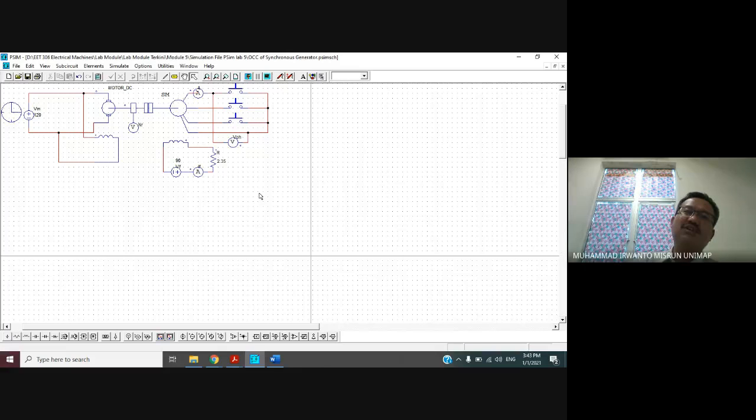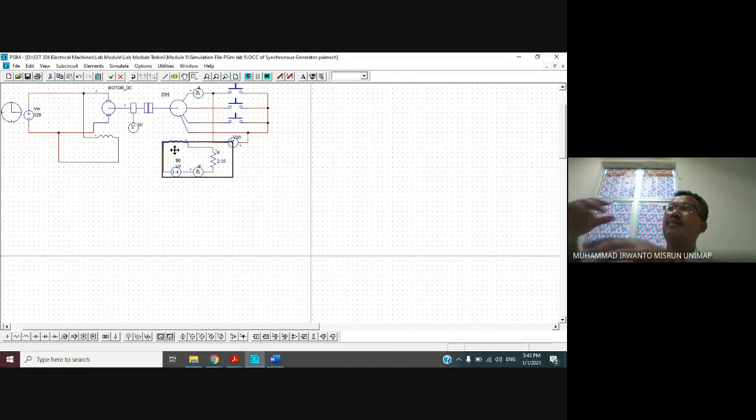Now, in your simulation using PSIM, the rotor winding is the exciting winding, given by this one. And the DC voltage is illustrated by this one, the field voltage.